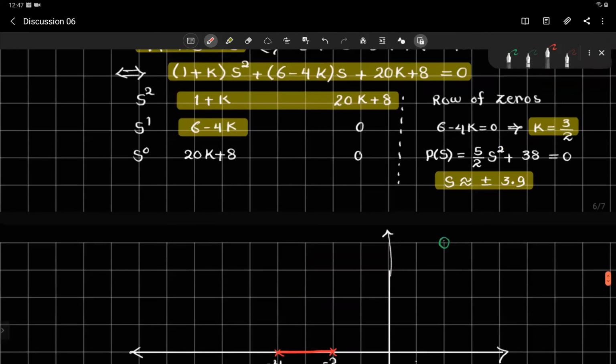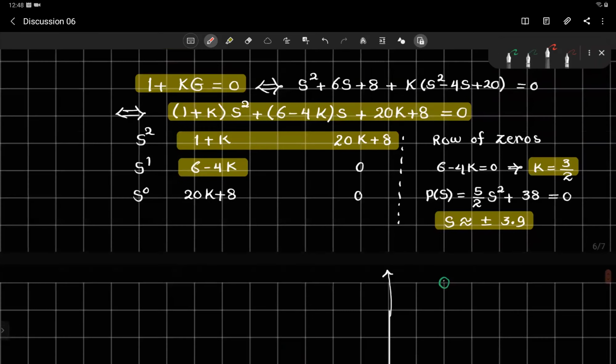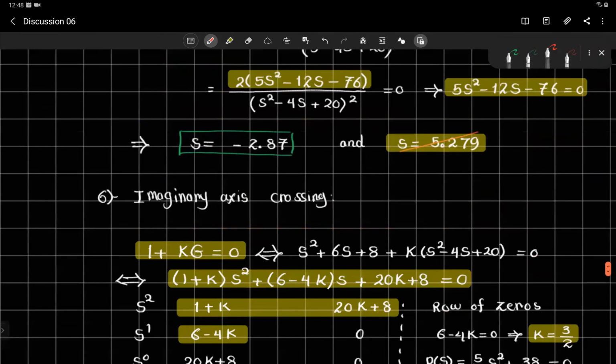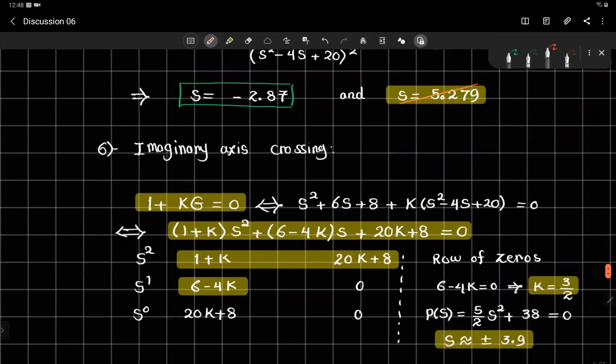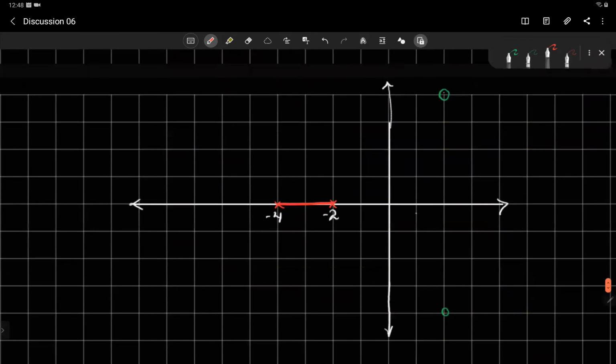Then we know that there is a breakaway point at -2.87. When we solved the equation, we found a breakaway at -2.87, and also another solution at 5.27. But we see that at 5 there is no segment of the root locus on the real axis that contains 5.27, which means that we have no breakaway points at this location.